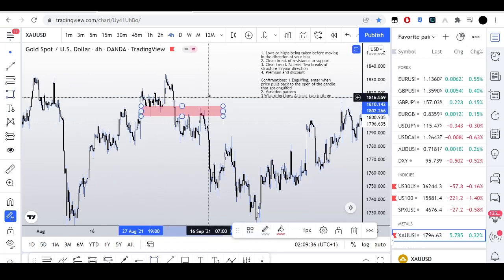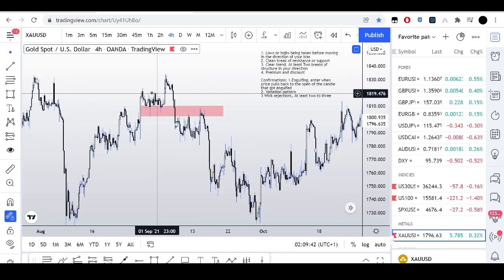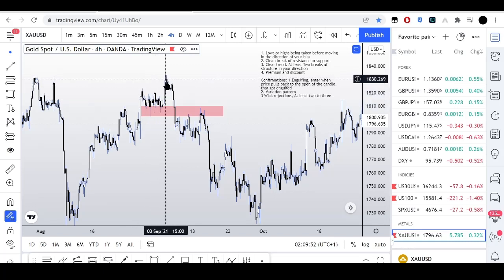Now as you can see, price took out this high. You see how you have these two relative highs right here. This high is higher than this high and this high, right? So it's a build up right here, and then you have this run up that takes liquidity, breaks support.